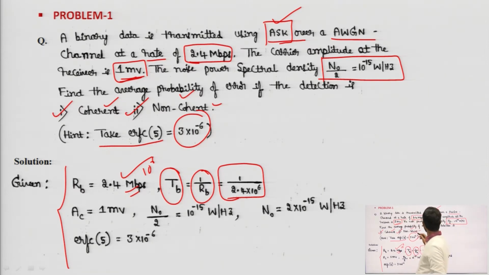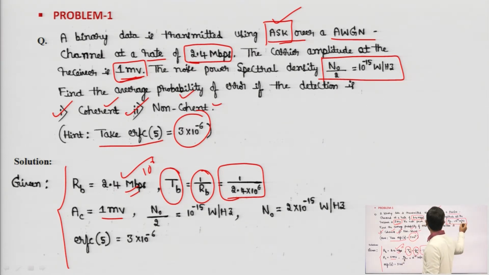Similarly, AC, the amplitude of the carrier signal, is 1 mV.